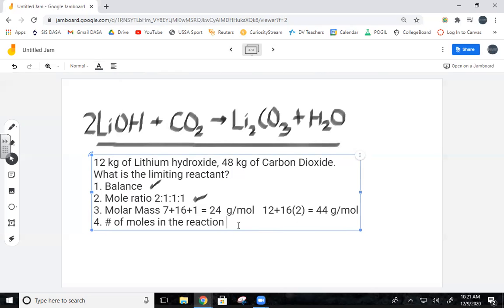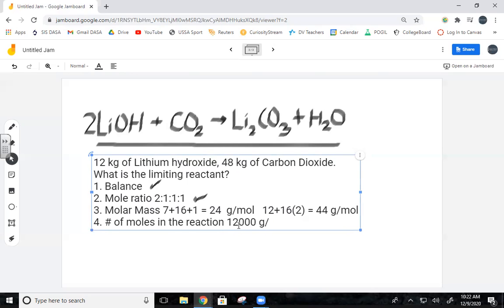So we have 12 kilograms of lithium hydroxide. How many grams is 12 kilograms? Promise this is easy. 12,000. Remember, a kilogram is 1,000 grams. 12,000 grams of lithium hydroxide, and we divide that by the number of grams per mole.